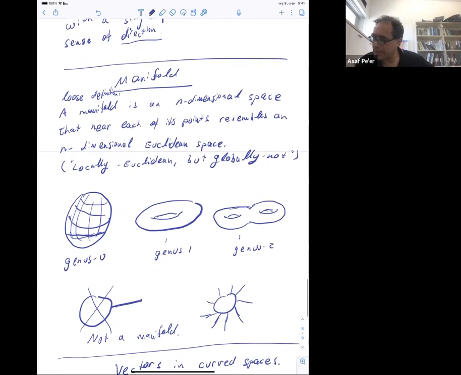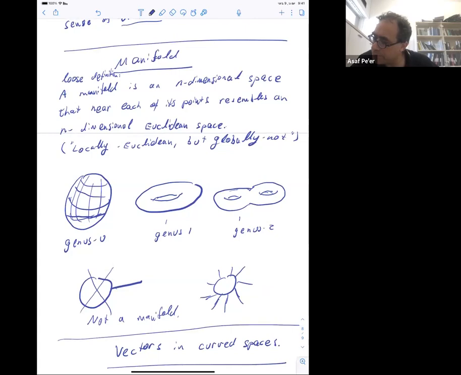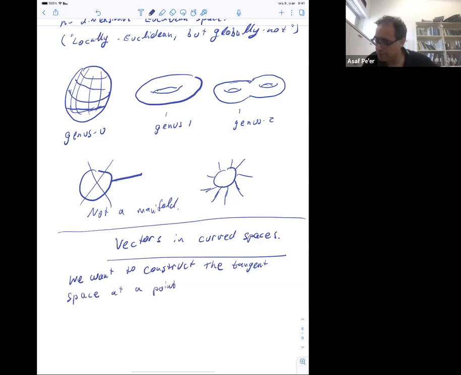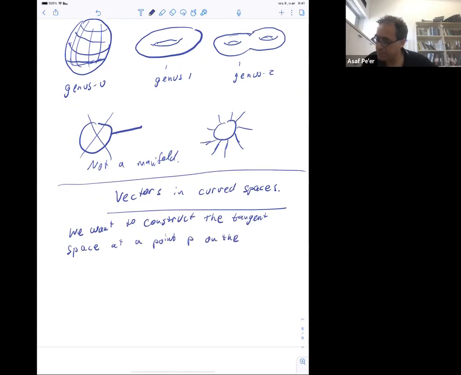The manifold, by the way, I'm going to call M. So we want to construct the tangent space at a point P on the manifold M. The manifold, of course, is going to be the space-time, so this is going to be the point P in the curved space-time.